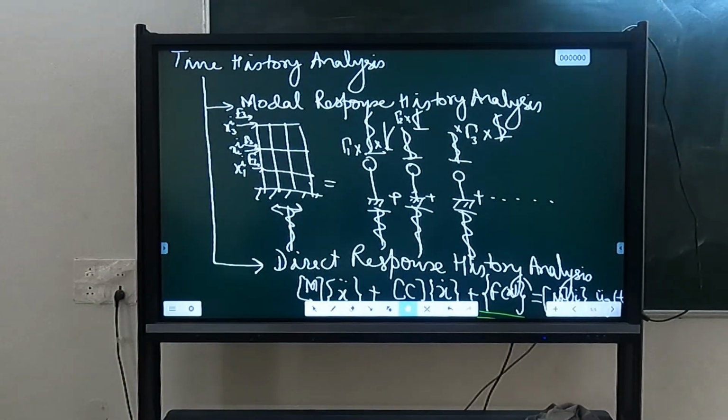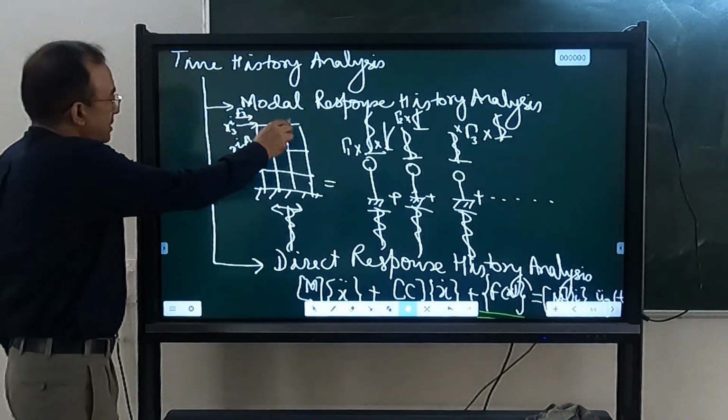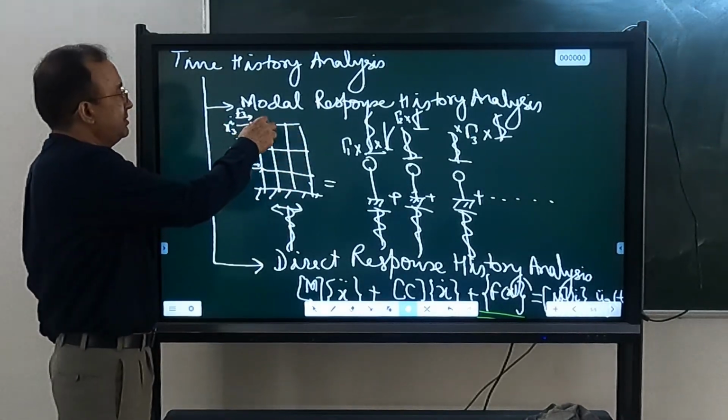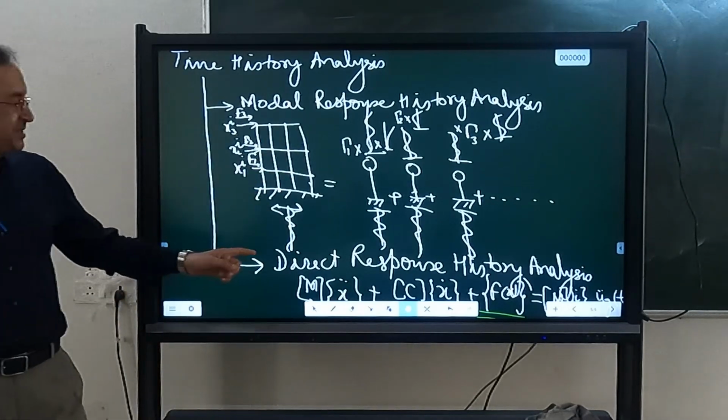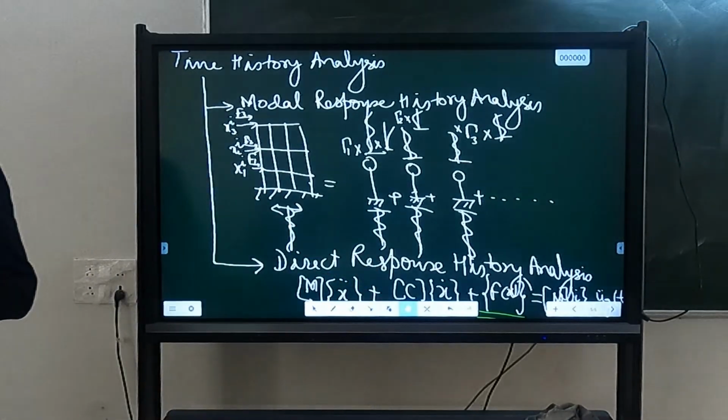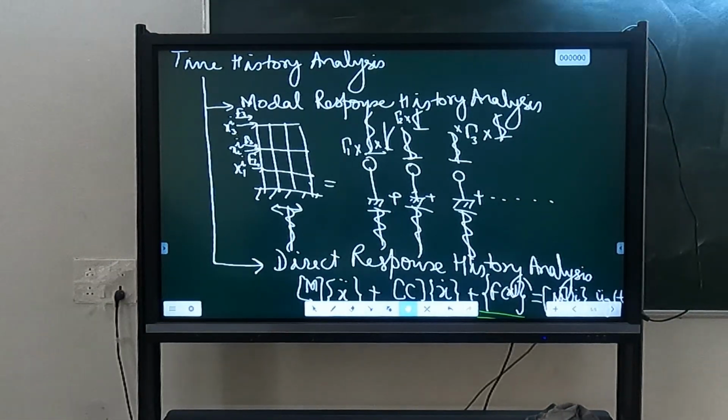in which we will do a step by step solution of the equation of motion, and the k x or f x we will obtain from experiment. The rest we will obtain numerically. So you are saying that m x double dot is known, c x dot is known, the only problem is with k x. At each step you will calculate k x.